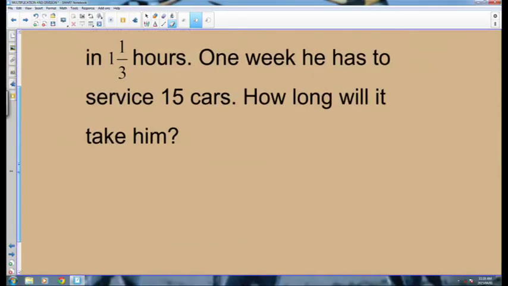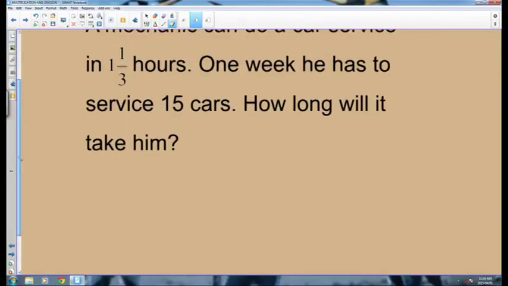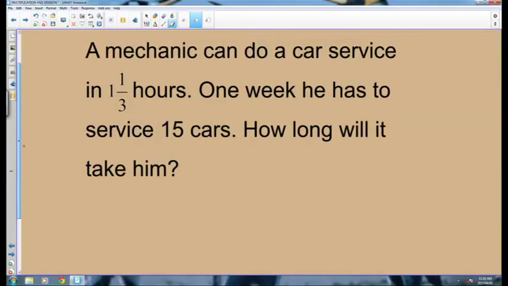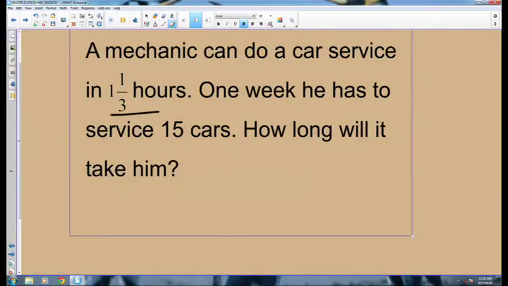This is a situation that we are having. It says he can do a car service in 1 1/3 hours. That is to service one car. He takes 1 1/3 hours. But then he has to service 15 cars. So how long is it going to take to service these 15 cars?